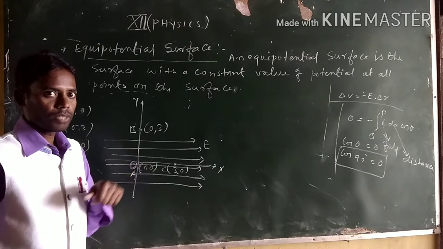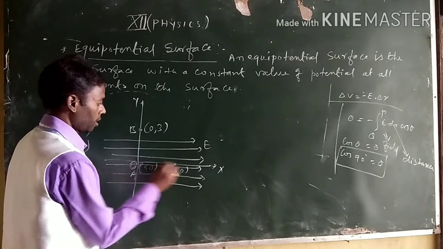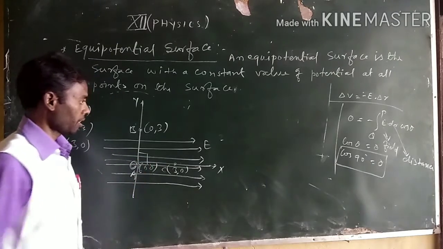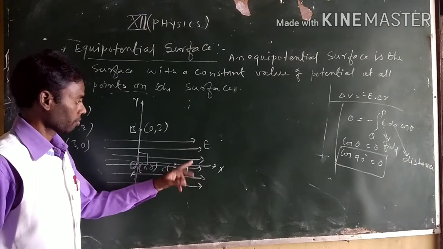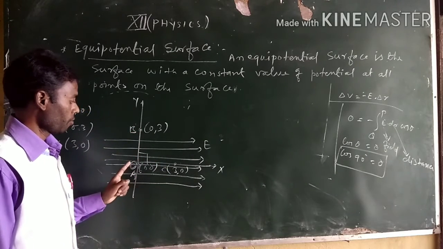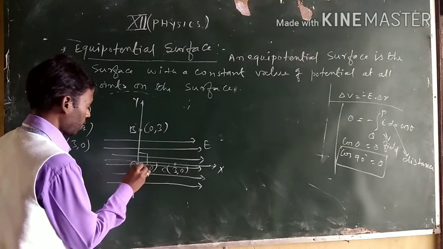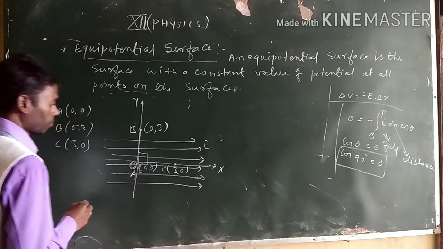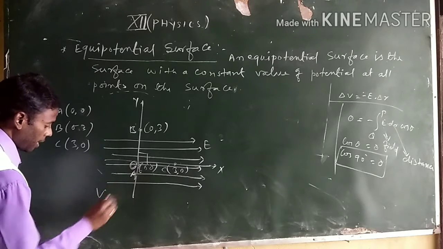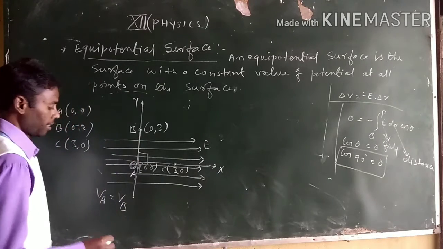For that it should make 90 degrees. Here the electric field and displacement make 90 degrees at point B. So points A and B make the equipotential surface: potential at A is equal to potential at B.